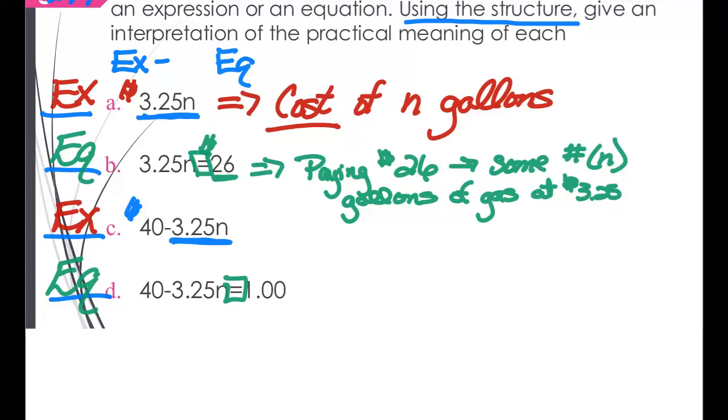Okay, listen. $40. Do you understand why it's $40? Because you have $40 minus the cost of N gallons of gas. And what do we call that? The rest. The difference? Yeah, but what's it called when you're buying something? The change. Yes, that's the change you are getting back.